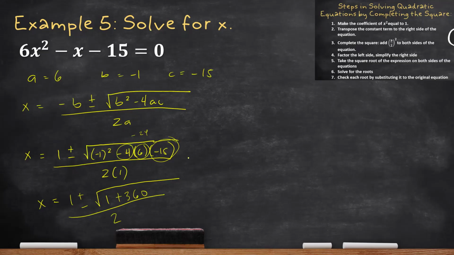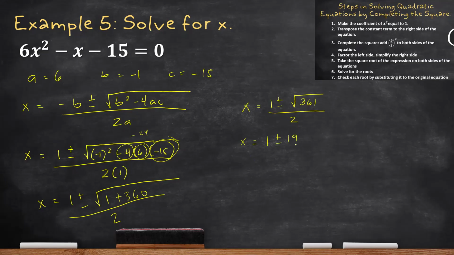Okay? So, we're going to have now x is equal to 1 plus or minus square root of 1 plus 360 is 361 all over 2. Now, what is the square root of 361? That is positive negative 19.